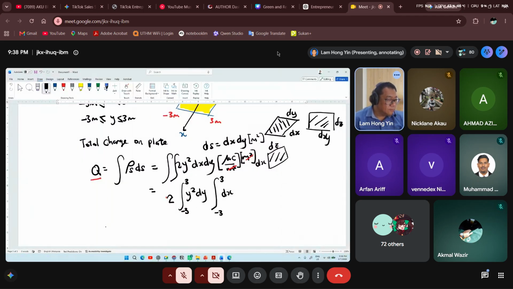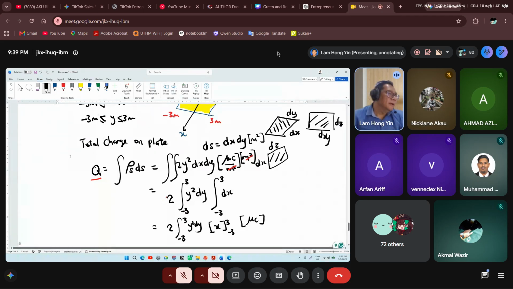Okay, so after you integrate, you can do it part by part, right? Integrating dx, you have x, then you have 3 and -3. I keep the 2 over here, then the integral from -3 to 3 of y squared dy. The unit is microcoulombs.